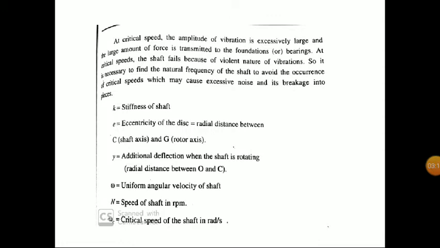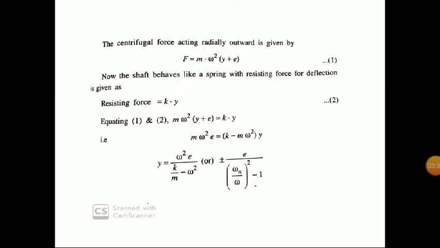Means here some points are mentioned: k is the stiffness of the shaft, e the eccentricity, y the additional deflection, omega the angular velocity of the shaft, N the speed of the shaft in rpm, and omega c the critical speed of the shaft in radian per second. So here the total centrifugal force after the additional deflection is m omega square into y plus e.